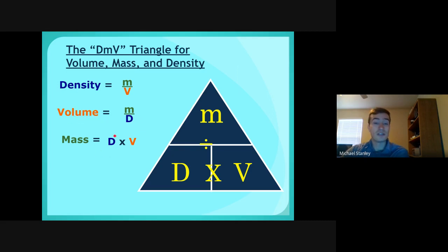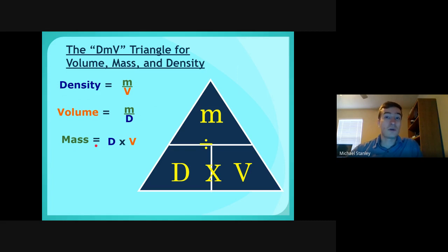And if you know density and volume, you can do d times v to get mass. So as long as you have two of the measurements, you can do one of these equations to figure out the missing one.